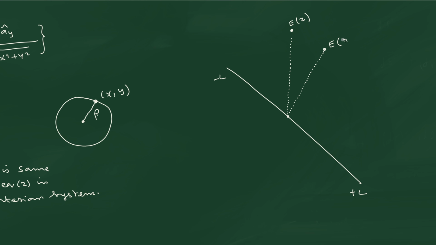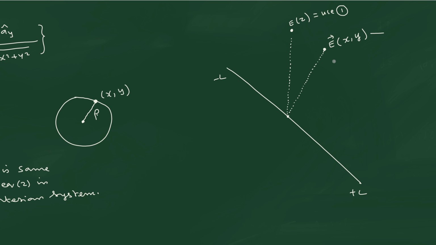Then how are you going to calculate the electric field at this point, which is represented by E of x comma y? So that is the question. So for this you can use equation number 1 that we have derived in the last class, or in today's class we have rewritten. That's also you can use. So you can use equation number 1. Now if the question is that you want to calculate electric field at some point which is arbitrary point x comma y. Arbitrary point means a point that does not lie on x-axis, a point that does not lie on y-axis.